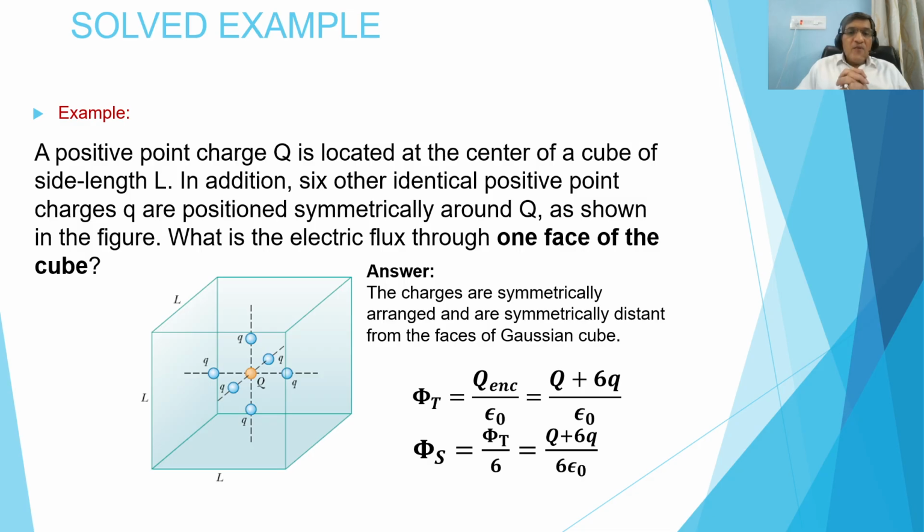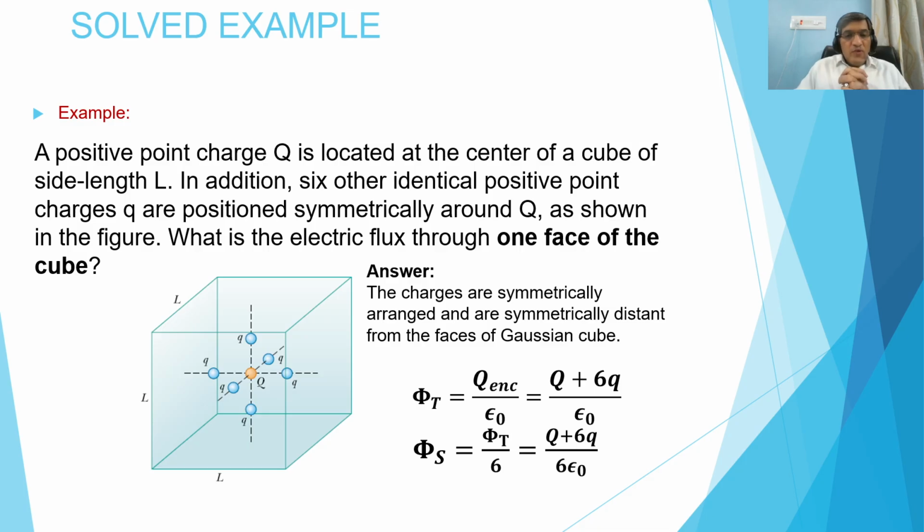What is the electric flux through one face of the cube? As we know, the cube has six faces, and as you see, some faces are at the bottom, some left hand side, some top, and some behind the figure which is not seen directly. So we have a total of six faces.